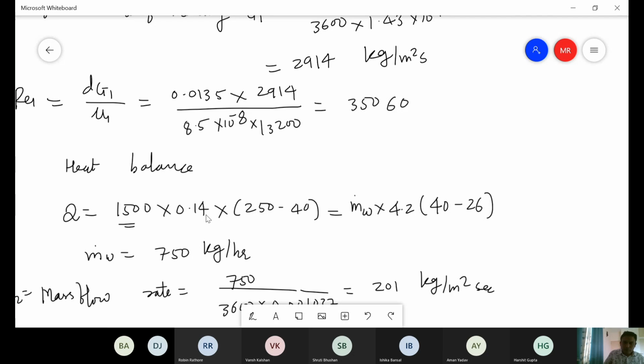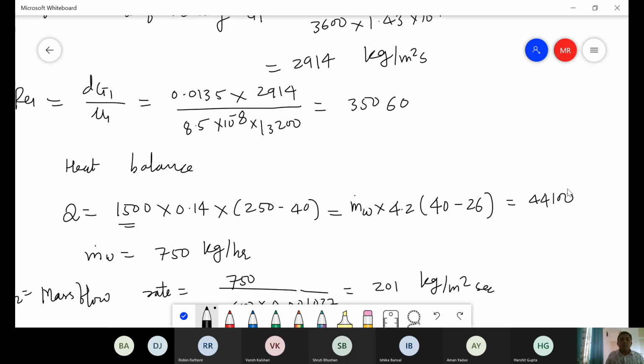So how much is the value? 1,500 into 0.14 into 250 minus 40, that becomes 4,100.